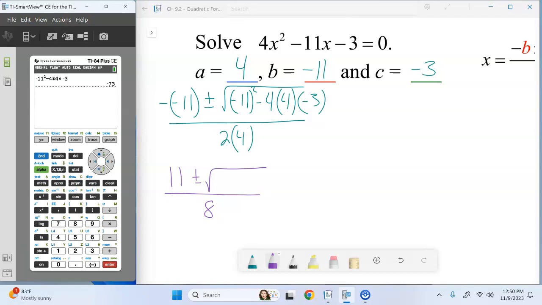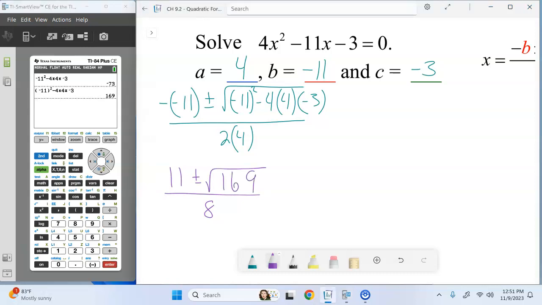Parentheses. Where? Around the negative 11. If you don't put parentheses around that negative 11, it's giving you 121 and then making it negative instead of just giving you 121. So you need to make sure that you're putting it into your calculator correctly. Those parentheses make a big difference. So then we get our 169.